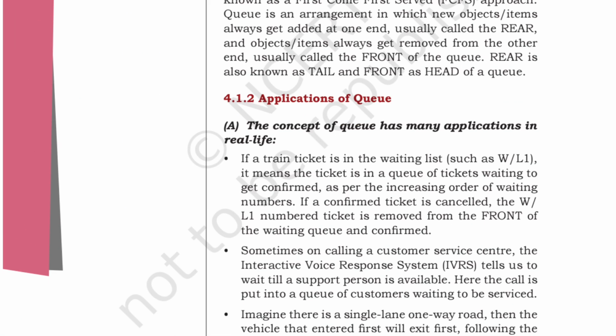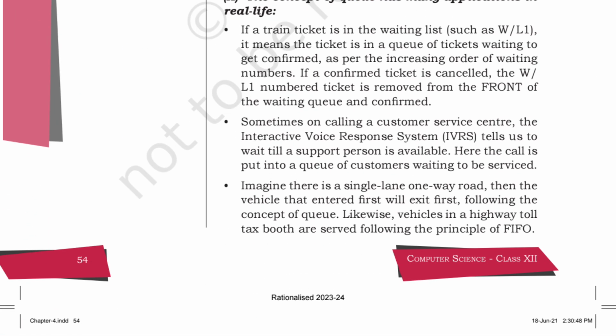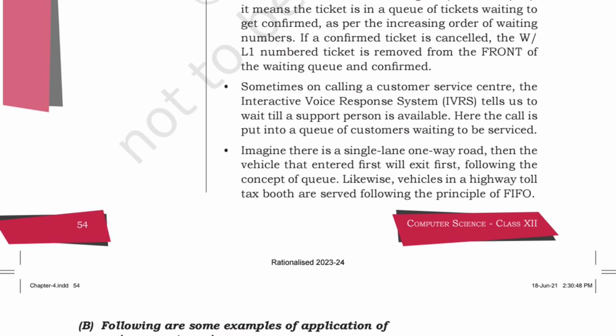So these are the different examples of the first in first out, or first come first serve, principle for queue. Now imagine there is a single lane one-way road. Then the vehicle that entered first will exit first.